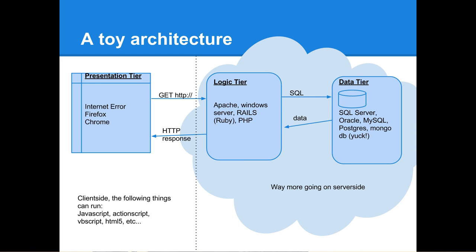On the server side, this is all architected to be handled by a logic tier, which handles these requests, so a web server plus typically a server-side scripting engine for a language such as PHP, Python, Perl, Rails, etc.